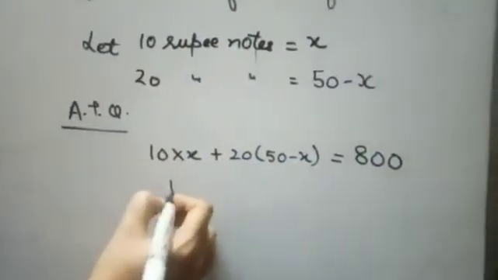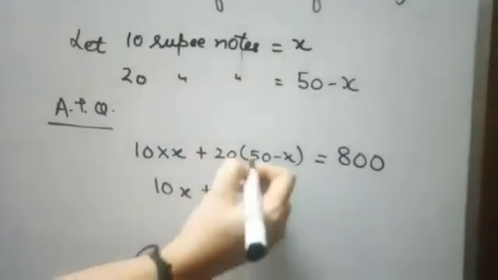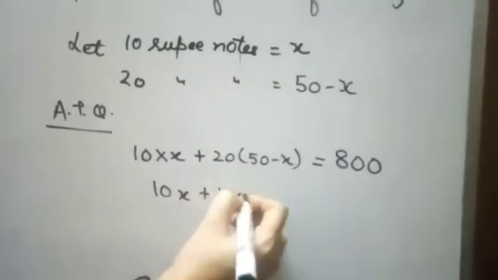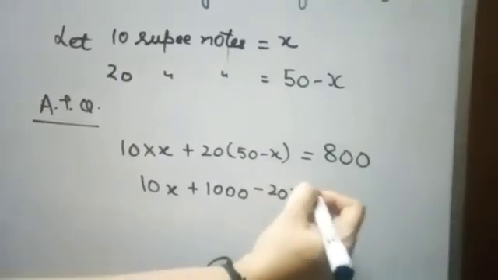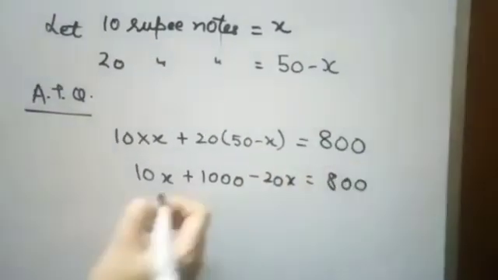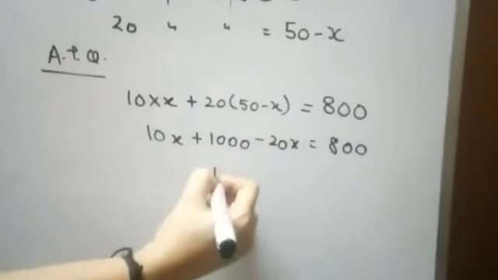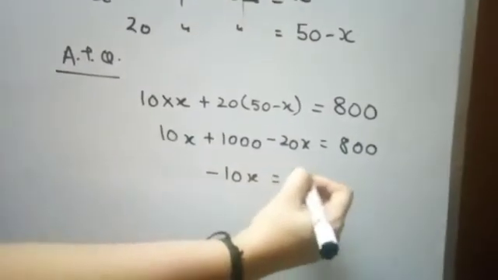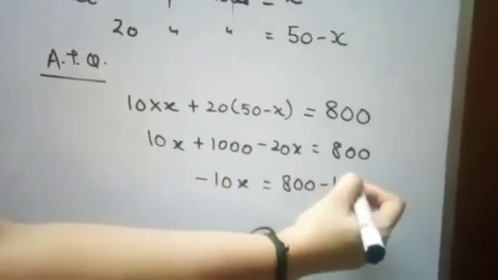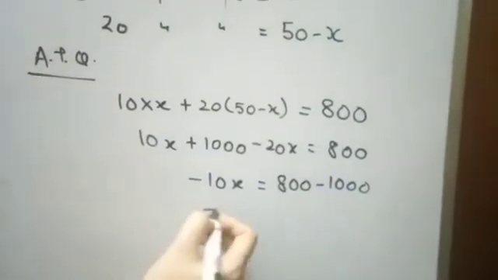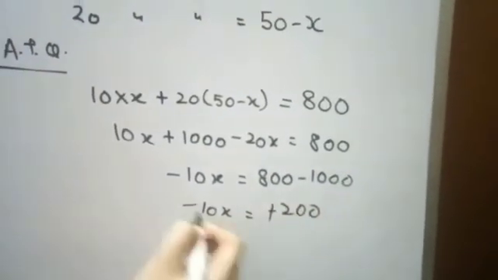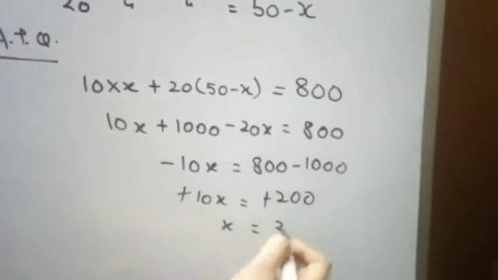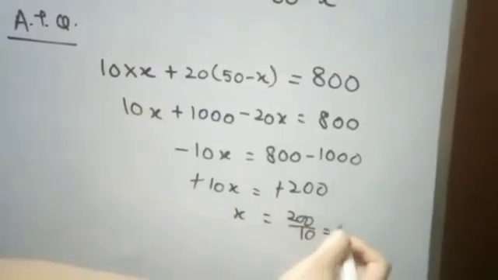Now this is just simplification. 10x plus 50 into 20, 1000, minus 20x. Now 10x minus 20x is minus 10x, and when this 1000 is shifted to the RHS, it becomes minus 1000. Minus 10x is equal to minus 200, and the signs get cancelled. 200 by 10, that is 20.